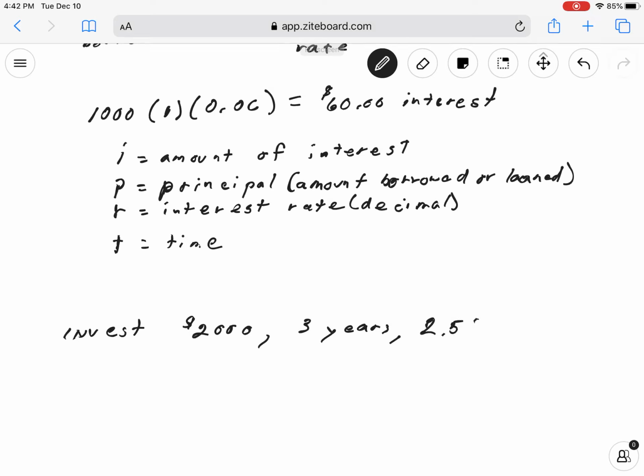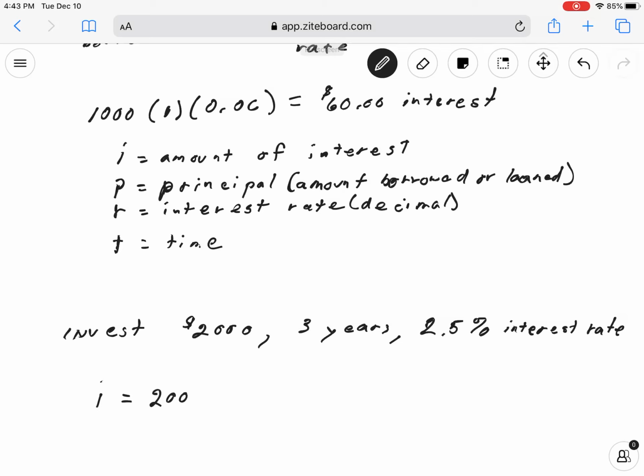And the bank's going to pay us 2.5% interest rate. Okay? So we again use our formula to figure out how much money we're going to make.